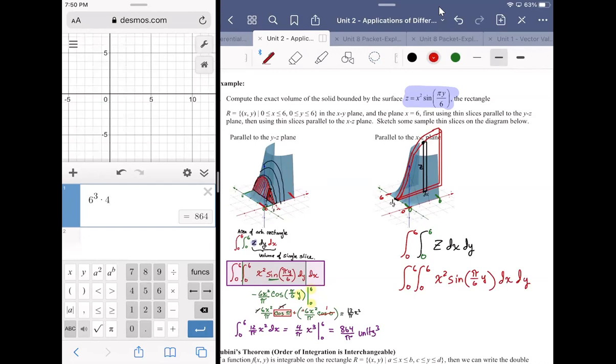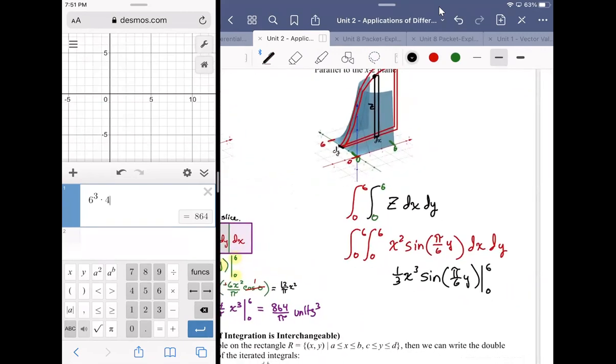This one actually ends up being a little simpler, because when I take the antiderivative of x squared, I get 1/3 x cubed. The sine comes along for the ride over the interval of 0 to 6.